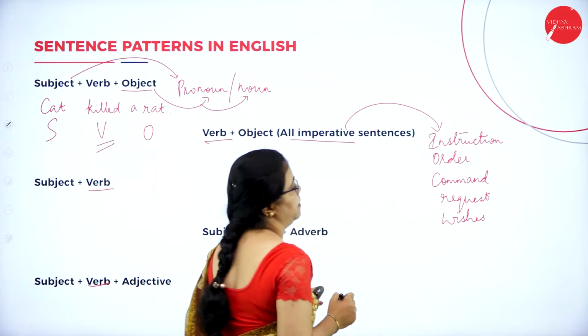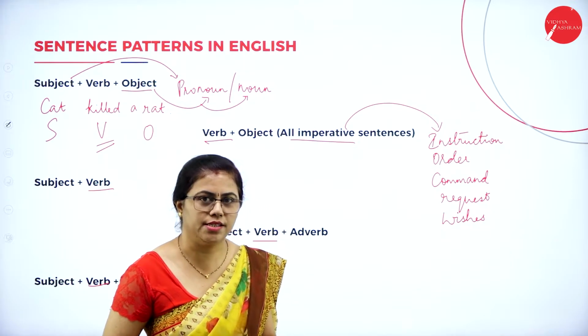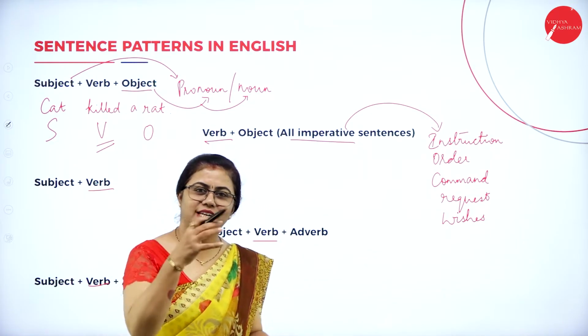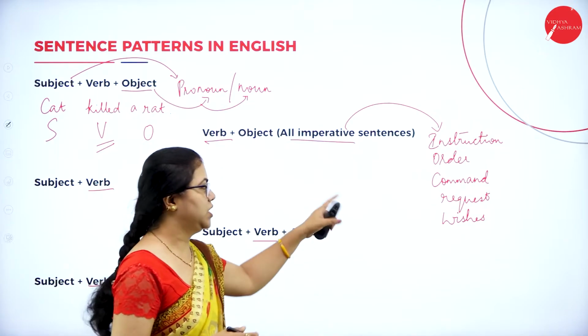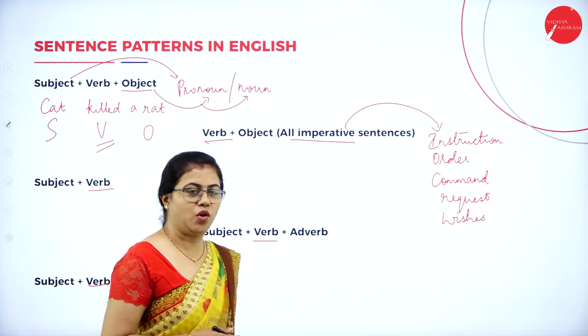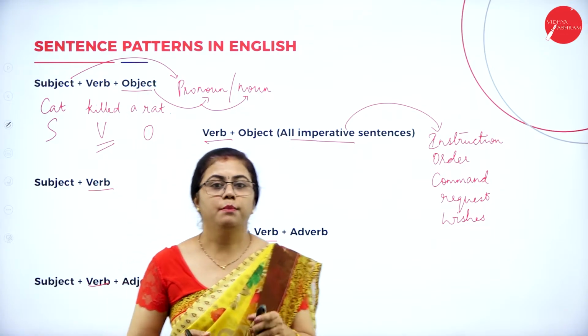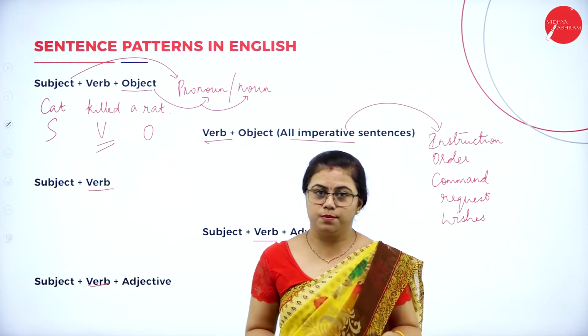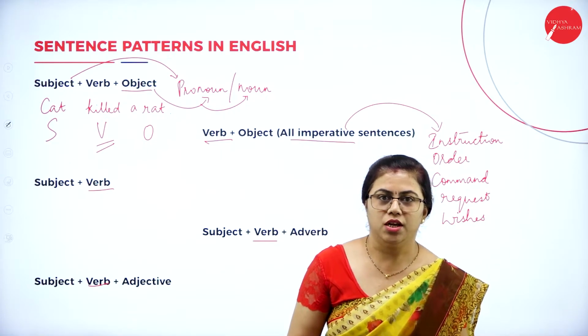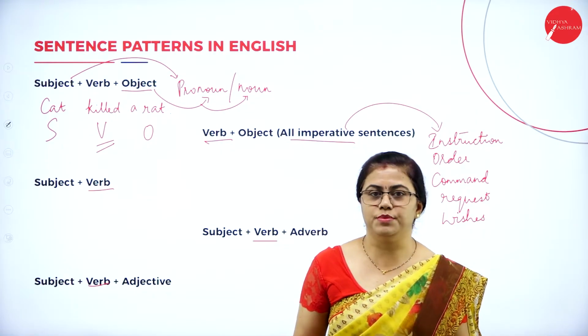So all these come under the category of imperative sentences. You already know this, but it's just reinforcement, just for you to understand it better. Here, verb and object come under imperative sentences, because imperative sentences always begin with a verb only. So they don't have a subject in them.